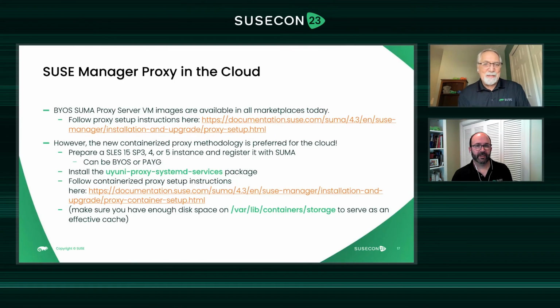So that's it. Don, do I need to know anything about containers, Docker, Kubernetes, Helm charts, all that kind of stuff to deploy the containerized proxy? Nope, and that's a good question, Neil. So this uyuni-proxy-systemd-services package sets up the systemd services that will launch the Podman containers that align with SUSE Manager proxy.